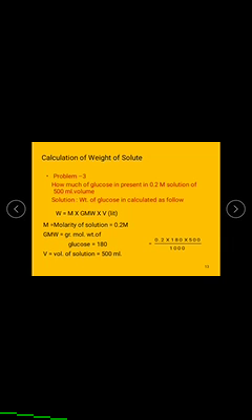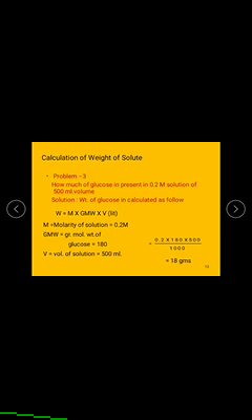Then we substitute. Since the volume is given in milliliters, we have to convert it to liters by dividing by 1000.